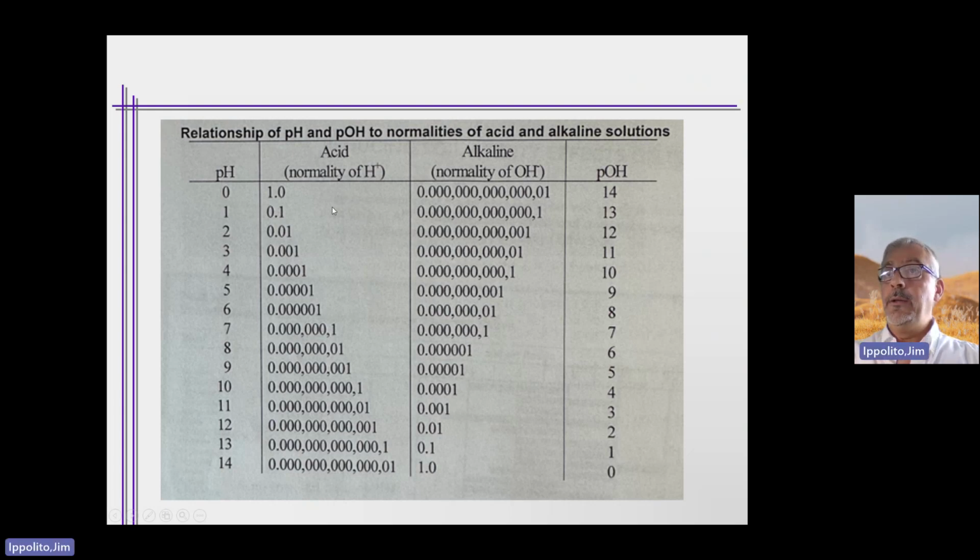And so you can see that these numbers in the second column get smaller and smaller and smaller by an order of tenfold as you go down the pH scale. Or if you go up the pH scale, the amount of hydrogen ions decreases tenfold for every 1 unit pH increase.